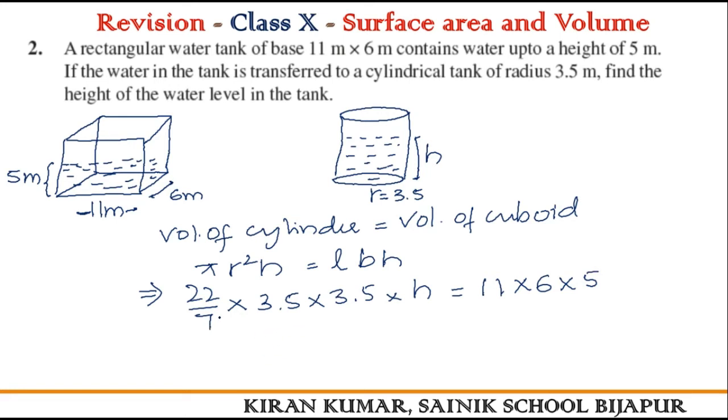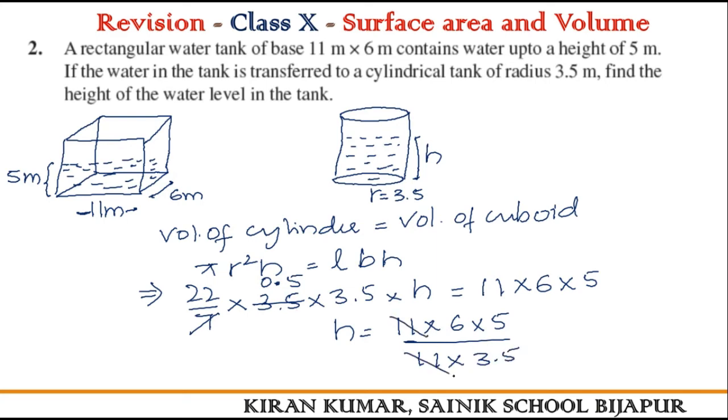So 0.5 times 3.5 is... 0.5 multiplied by 22 is 11. So h will be equal to 11 into 6 into 5 divided by 11 into 3.5.